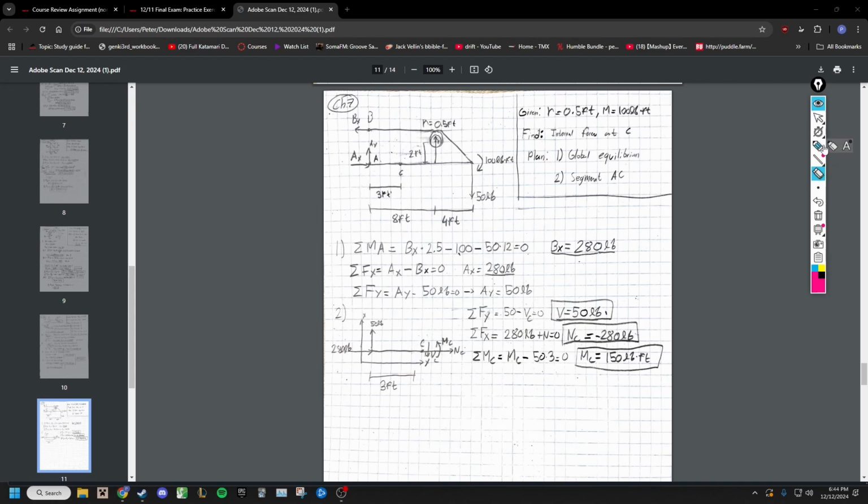To find the dy, we're given the length to the center of this circle and the radius of the circle. We just add those up, and we find that the total distance is 2.5 feet.